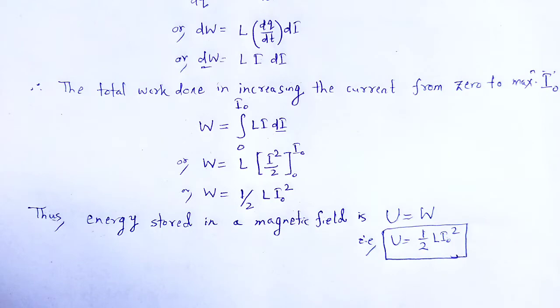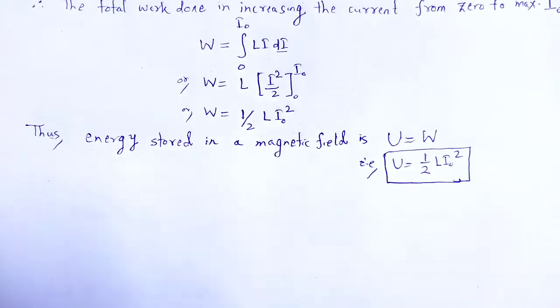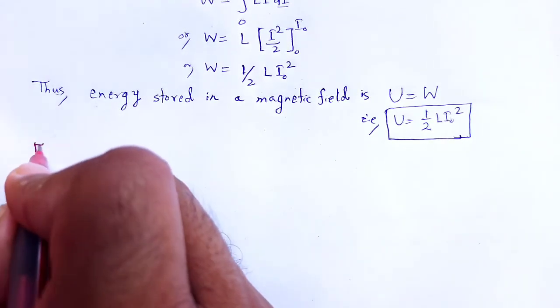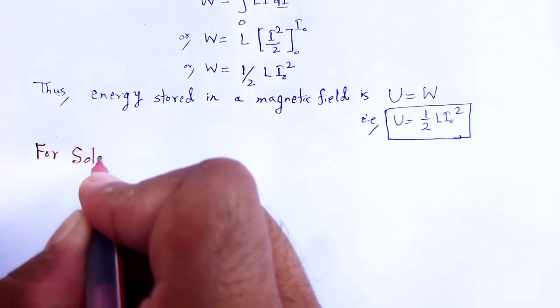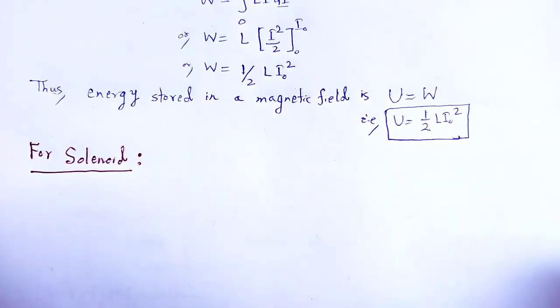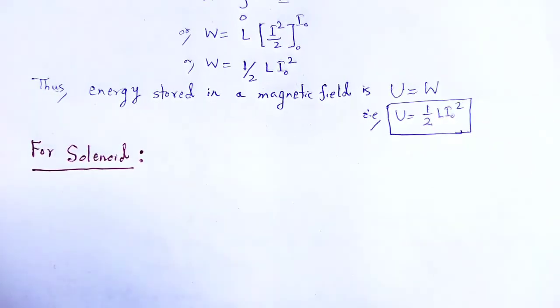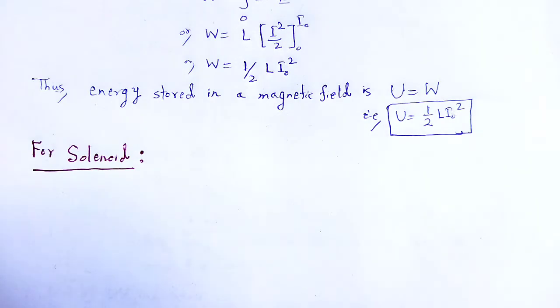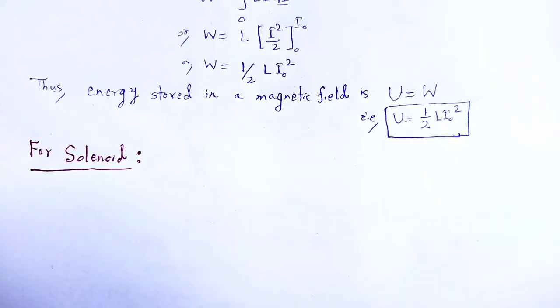Let us take an example, a solenoid. For a solenoid, we have to calculate the energy stored in the magnetic field. Look here, a solenoid means a tightly wound coil of insulated wire which possesses an appreciable self inductance, and is known as the inductance coil or simply as an inductor.